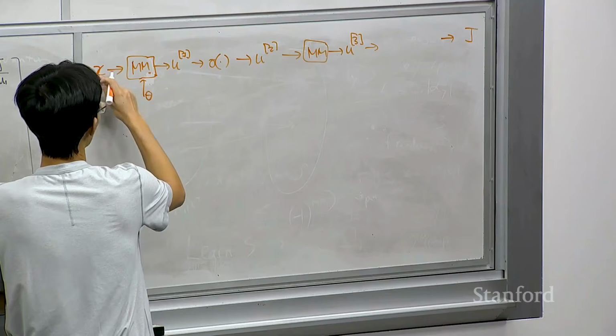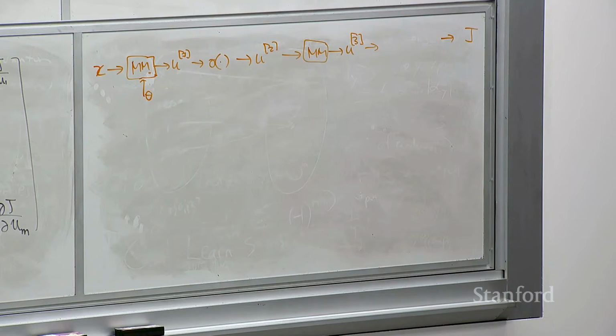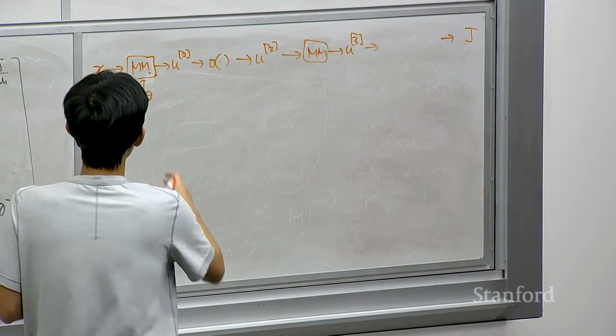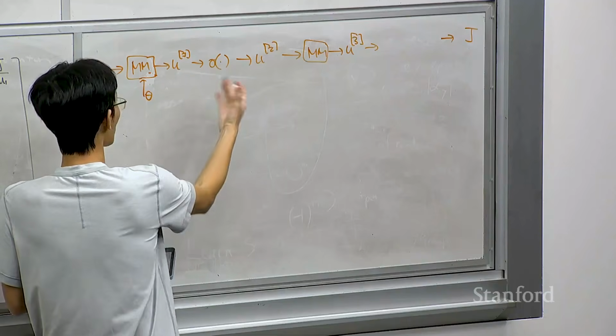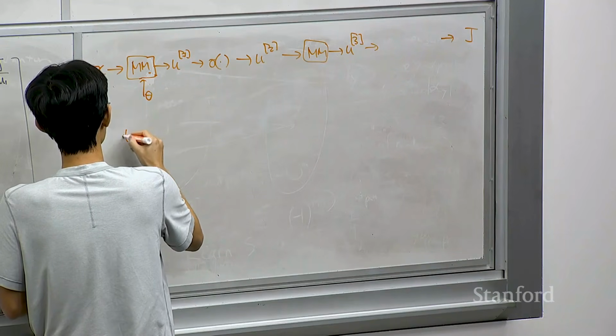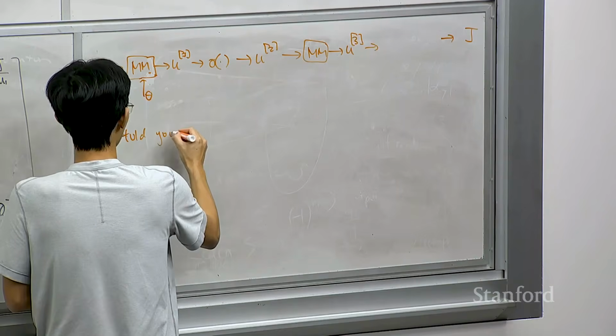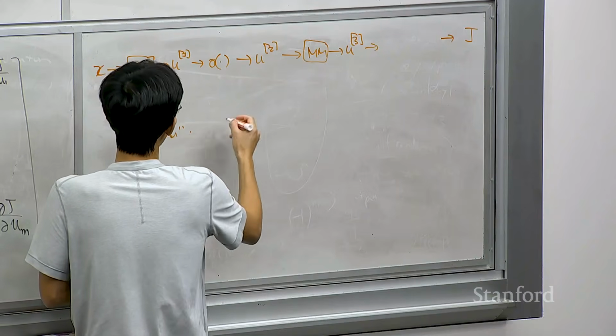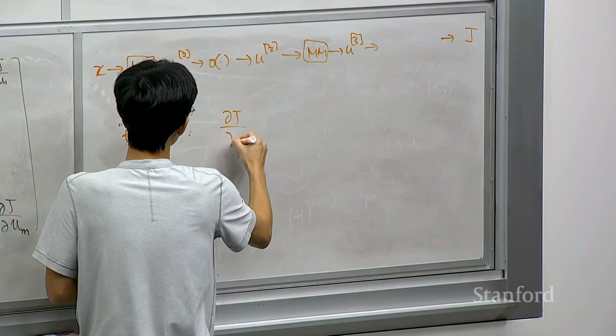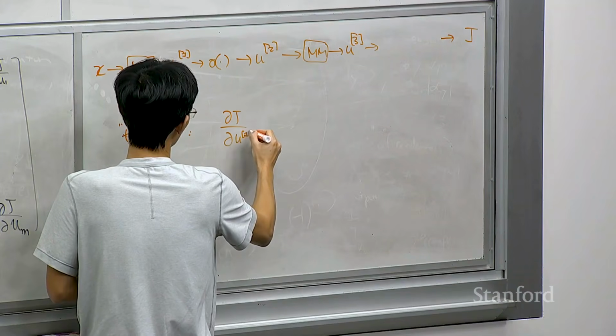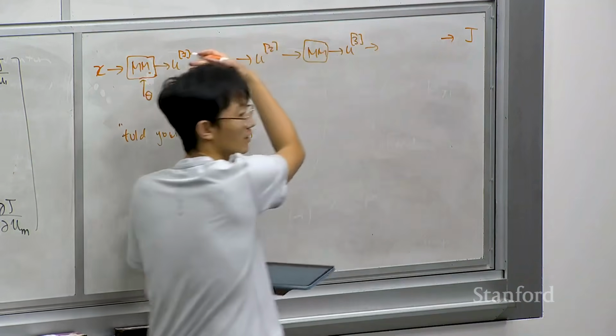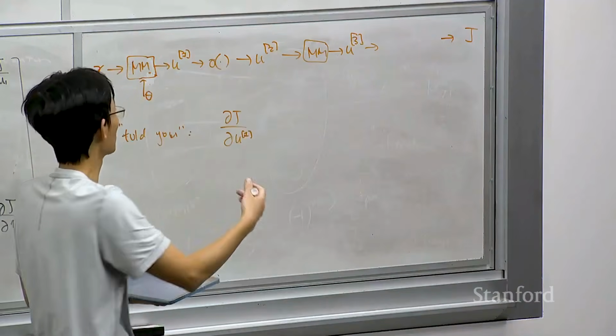One is theta and one is x. Okay? Now, suppose I already told you how we compute dJ over du1, right? Because that's just a very simple sequential backward.